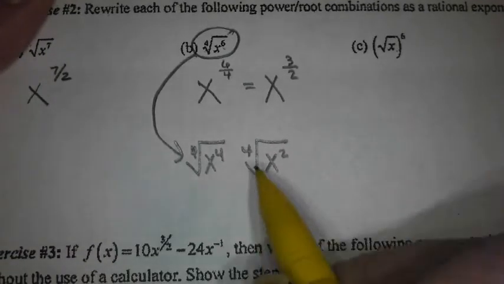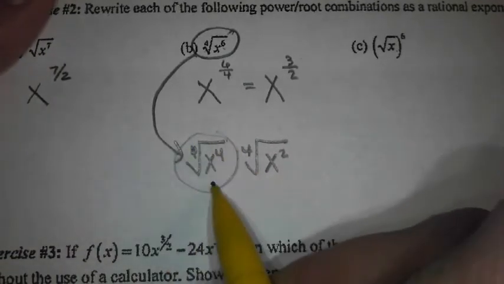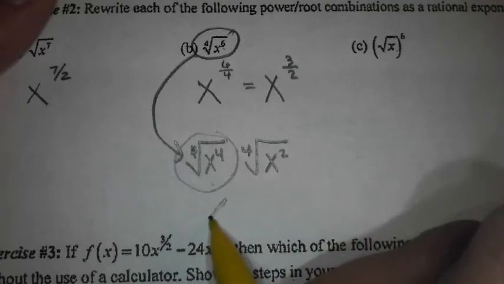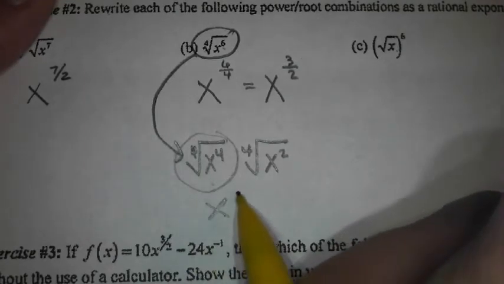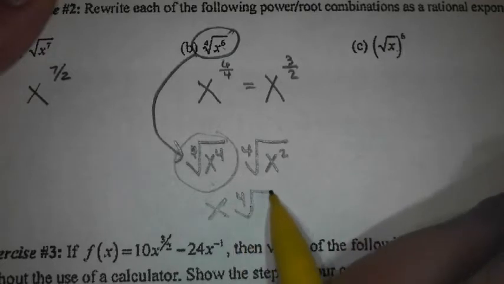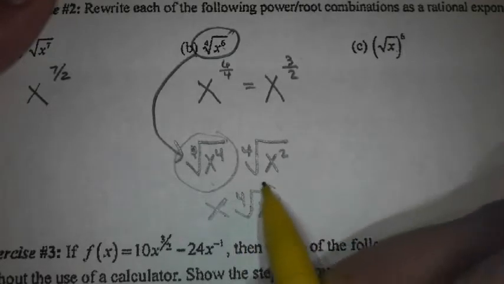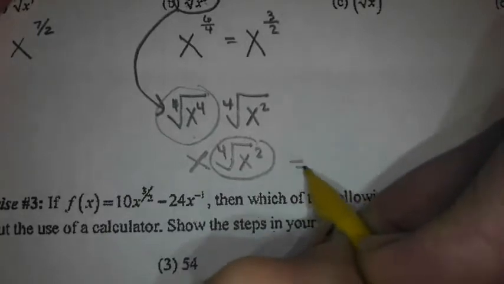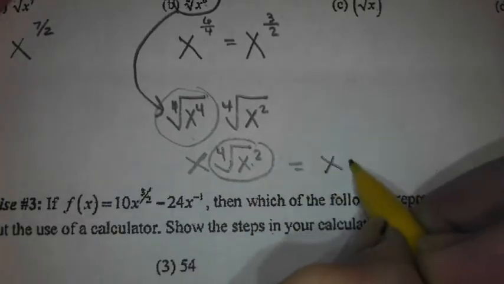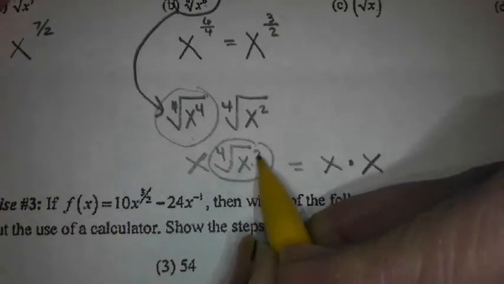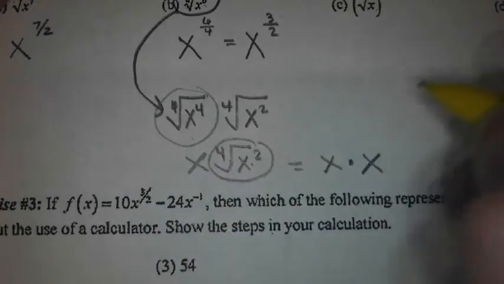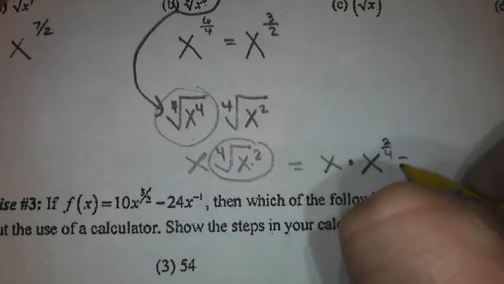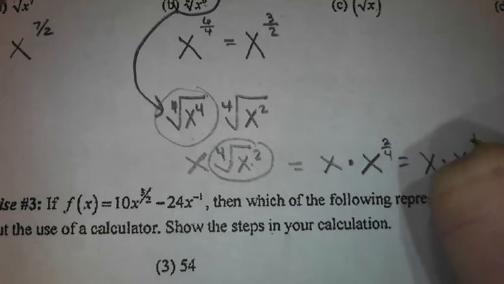And so this is just x. 4th root of x to the 4th is just x. And this is the 4th root of x squared still. But this can become what? X to what power? 2/4, technically. And 2/4 is going to become x times x to the 1/2.